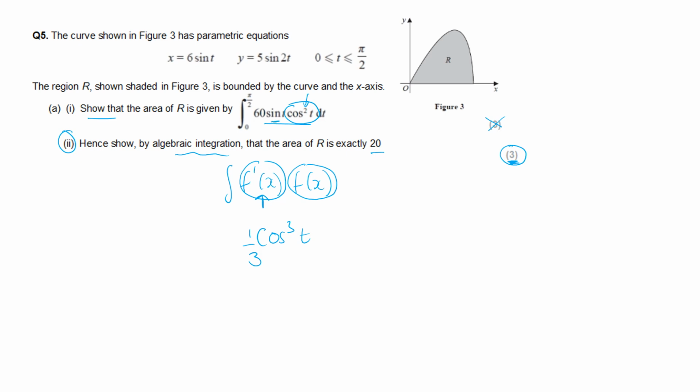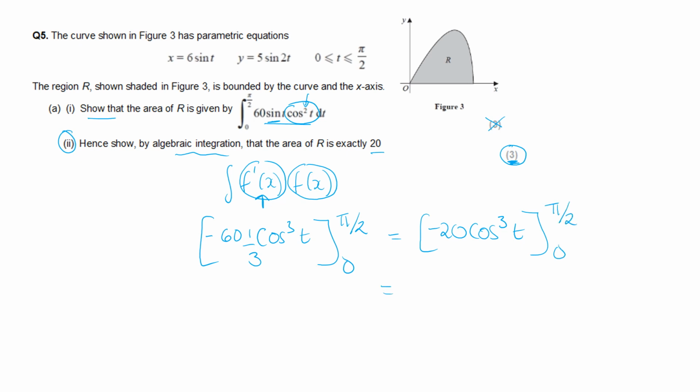Now, that's already there, but we just need a minus, and then the 60 also just needs to join in. So that is our integration from 0 to pi by 2, which is equal to minus 20 cos cubed t. So this is looking good because at least we've got a 20.